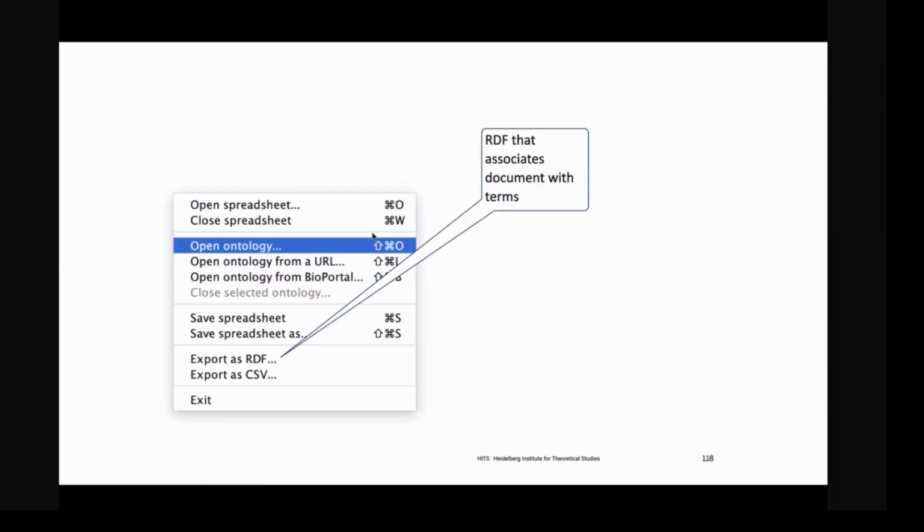You can export an RDF document associated with the sheet. RDF, anyone? RDF is the Resource Description Framework of the World Wide Web. Everything you can express is expressed as a so-called triple, consisting of subject, predicate, and object, and all three are URLs.